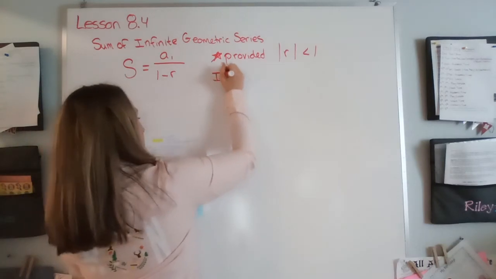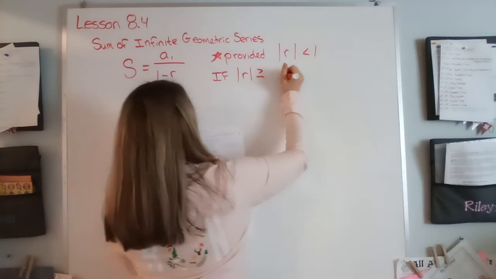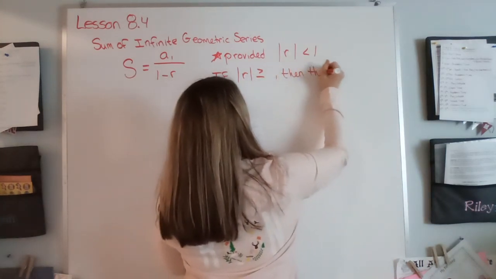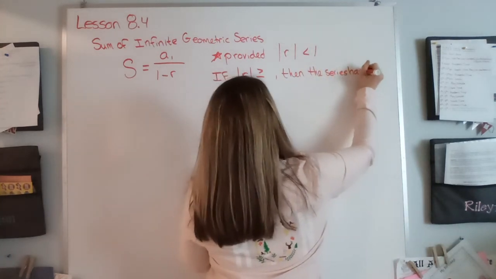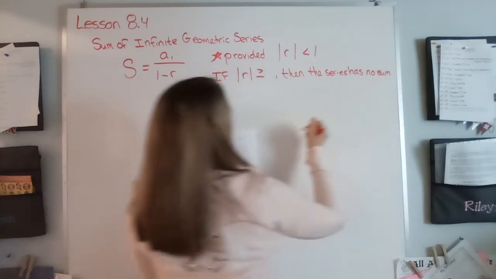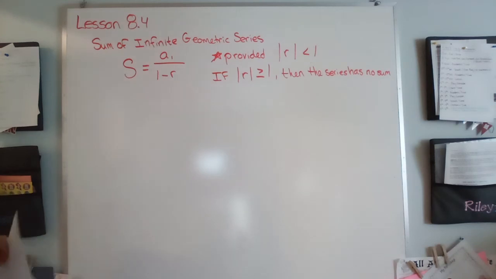If the absolute value of r is greater than or equal to 1, then the series has no sum. Oh, I forgot the 1. Sorry, that doesn't make sense. All right, so if the absolute value is greater than or equal to 1, then the series has no sum. Okay, so let's look at an example and we'll investigate all of that a little bit more.